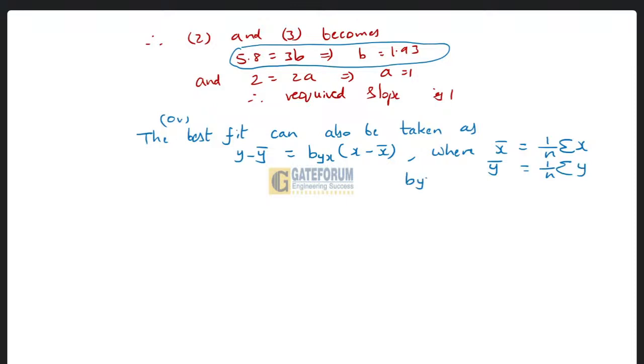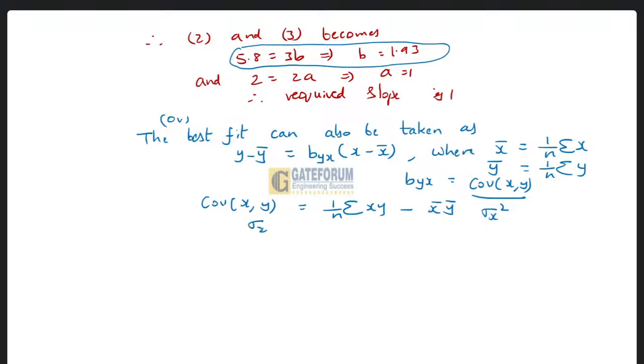Vyx means covariance of x and y divided by sigma square x. Covariance of xy formula I am giving: 1 by n summation xy minus x bar into y bar.